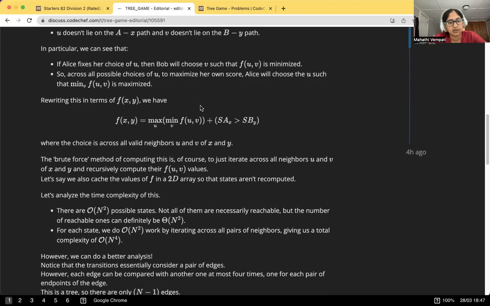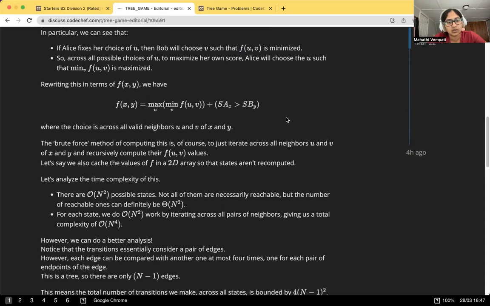Writing in terms of f of x comma y, it is equal to the maximum over U, minimum over V. F of x comma y is your score if you start the game at x comma y, right?